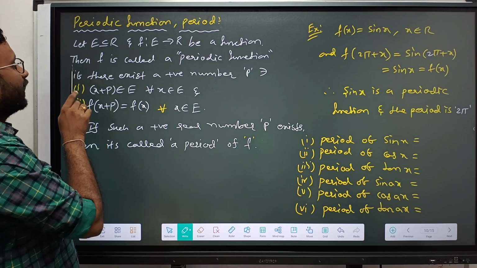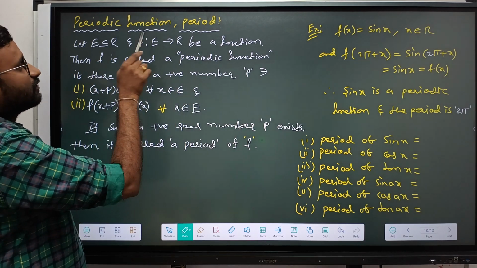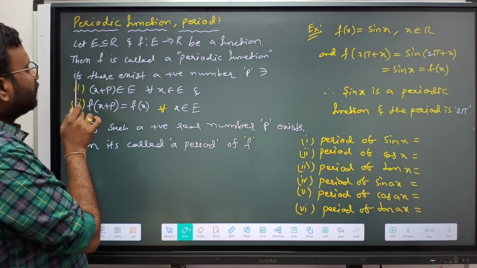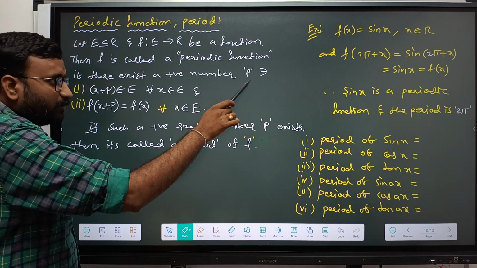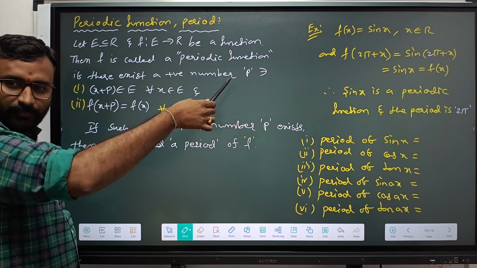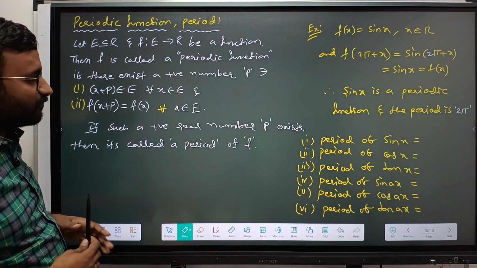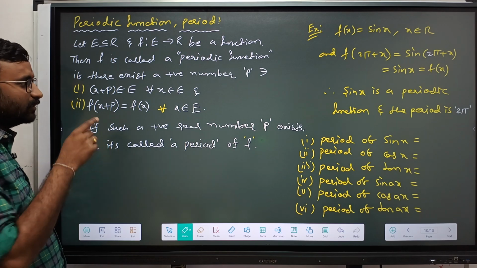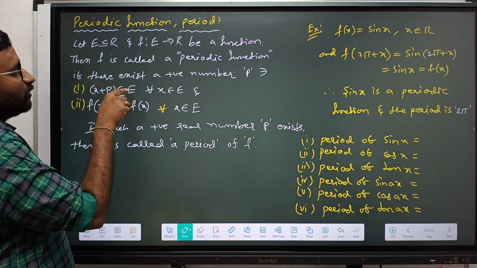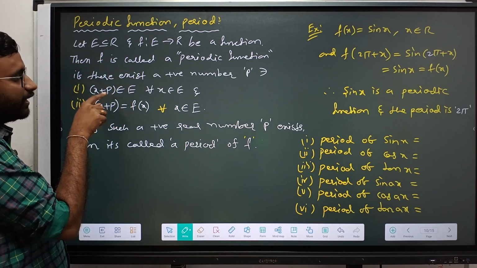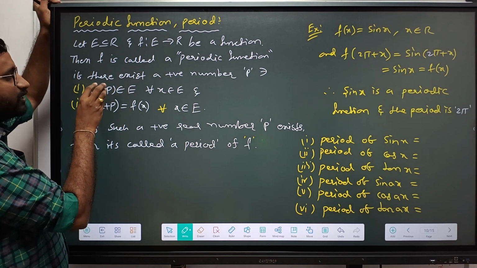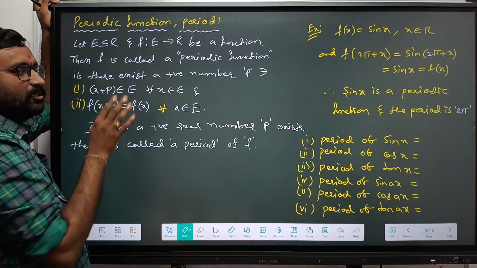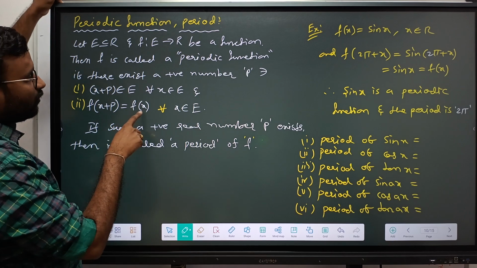Then f is called a periodic function if it satisfies these two conditions. f is called a periodic function if there exists a positive number p such that x plus p belongs to E, the domain. x plus p belonging to E means we can substitute x plus p in the function, and after substituting, you should get something that also belongs to the function.